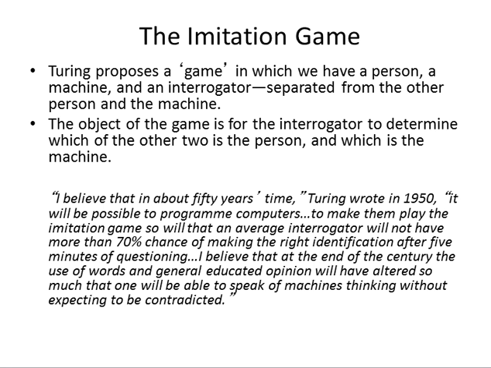So the idea is that you have this interrogator asking questions of these individuals hidden from his sight. And from the questions that they ask, and from the responses that the individuals give back, they should be able to distinguish the person from the machine. You are successfully passing the Turing test in this imitation game if the machine can fool the person.